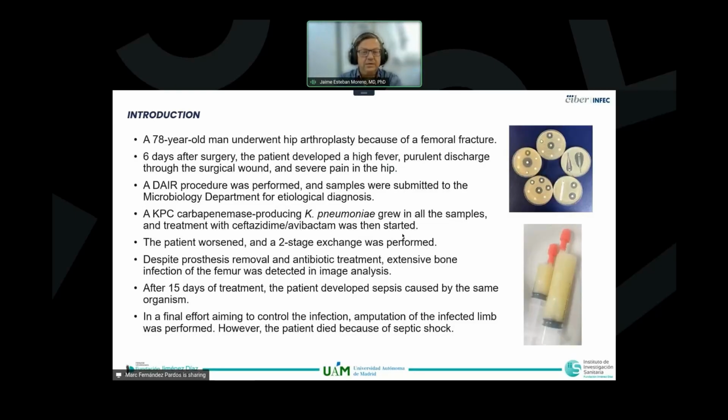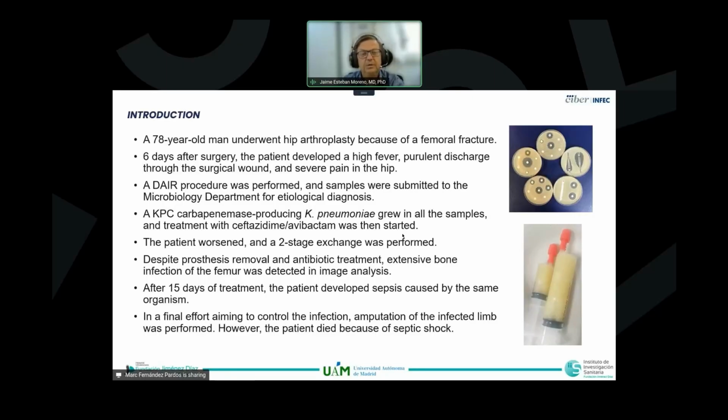This is a case of a 78-year-old man who underwent a hip arthroplasty, and 6 days after surgery, the patient started with symptoms of what we think is an infection, a prosthetic joint infection.